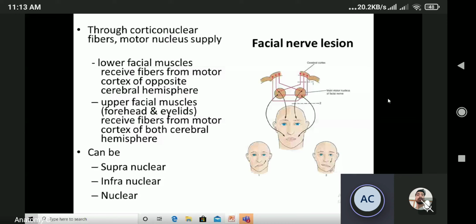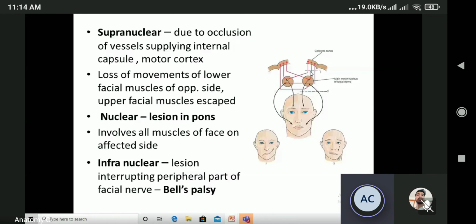So any type of facial nerve injury can occur. Now coming to the supranuclear lesion, for example here. The supranuclear lesion of the facial nerve mainly occurs due to occlusion of the vessels supplying the internal capsule and the motor cortex.